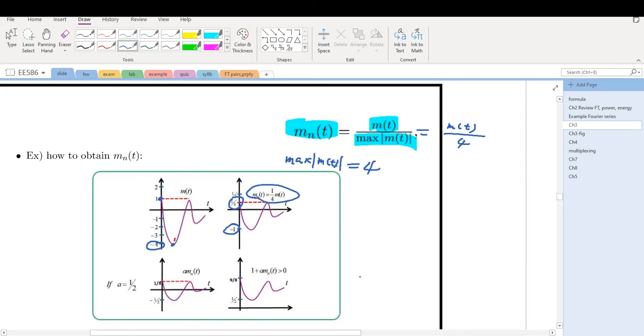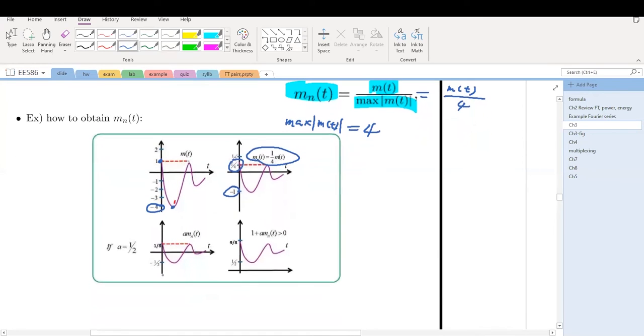So this is m_n(t). Now let's look at if I have a equals half. Everything is scaled by half again. So a quarter becomes 1/8, and -1 becomes -half. But the signal shape does not change. What about 1 plus a m_n(t)? The value of this function is added by 1.